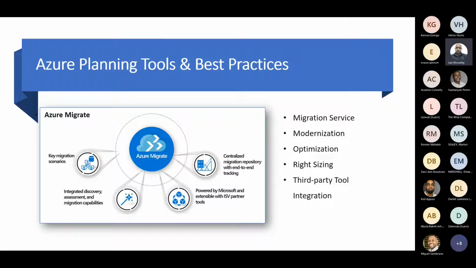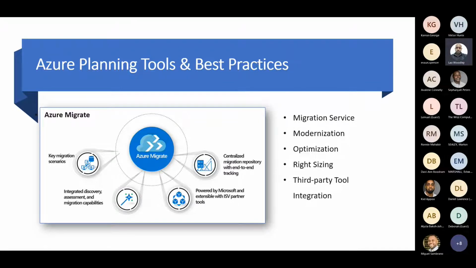So this Azure Migrate is really an extensible framework that allows for integration of third-party tools as well. So not just the Azure Migrate, which is the Microsoft migration tool, but you also have access to third-party tools that can be integrated right into Azure. And those tools bring different value by expanding the scope of your supported use cases.